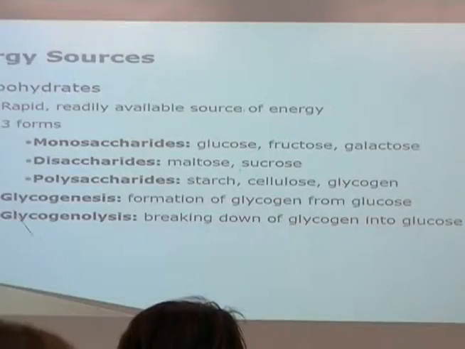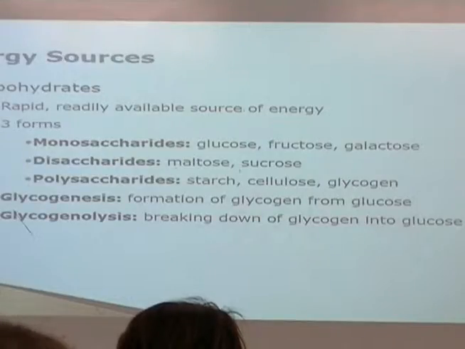When we break glycogen down, that process is called glycogenolysis, breaking down glycogen into glucose. So if it's stored in the liver, we break it down into glucose, we pump the glucose into the bloodstream, it moves around the body to the muscle that needs it.